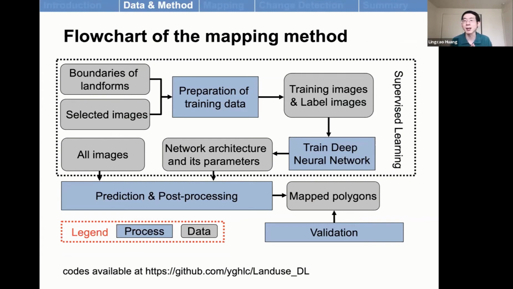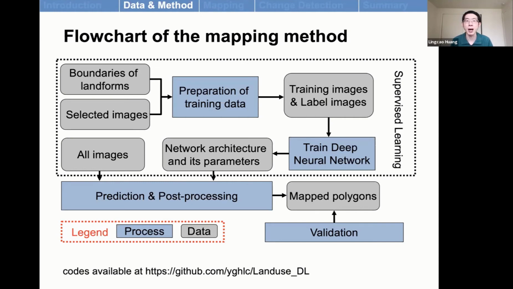So there's a gap between satellite images and everyday images. So I tried to build an automatic pipeline to connect satellite images and these powerful deep learning algorithms.